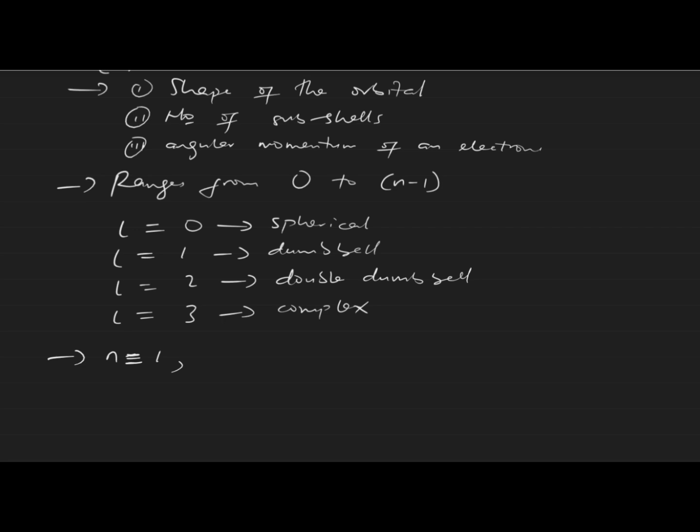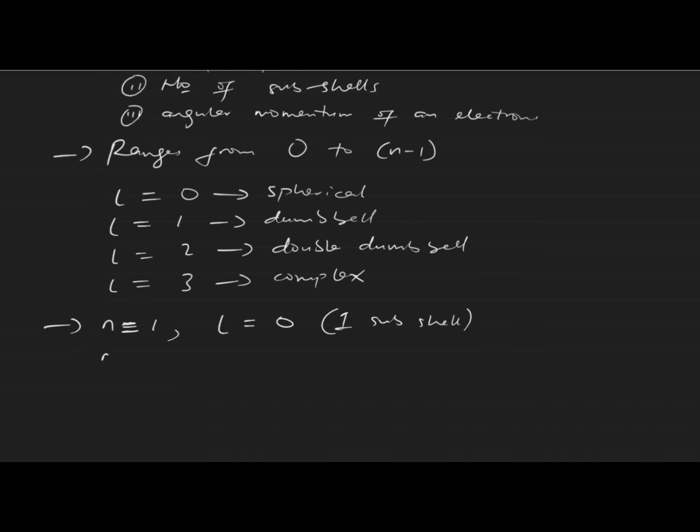So when n is equal to 1, that simply means that L will be equal to 0. So it means that the first shell, which is the first energy level of an atom, has just one subshell.